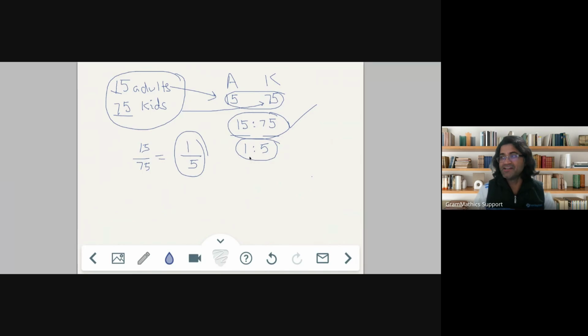There are a total of 15 adults and 75 children. The ratio is 1:5, which means for every adult, there are 5 kids in the party. Do you get it? Everyone happy? Any questions you can ask me.